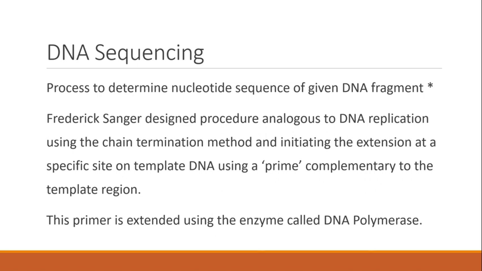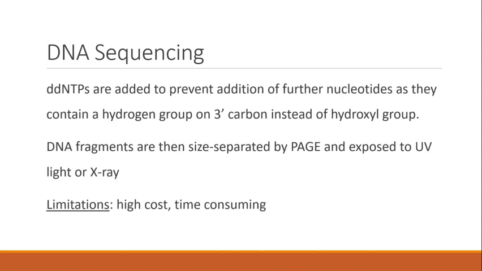There is a binding of the two templates, right? So you have the enzyme called DNA polymerase. Then at the end you have ddNTPs, which are di-deoxynucleotides, which are preventing the further addition of the nucleotides, right? Because it has a hydrogen group present unlike the hydroxyl group, so that terminates the further addition of nucleotides.